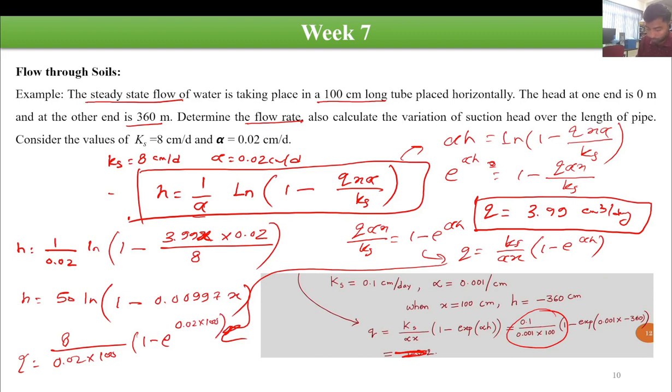Let's solve this one and see what we observe. 8 upon 0.02 multiplied by 100 is going to be 4, and this one, 1 minus e to the power 0.02 into 100, that's going to be minus 6.389, and if we multiply it by 4 it's going to give you around 25.55.